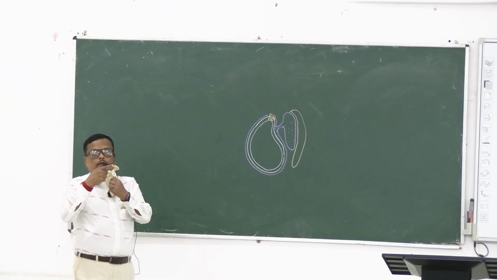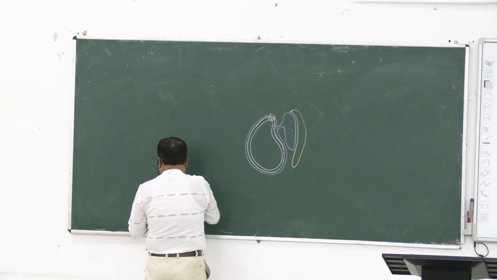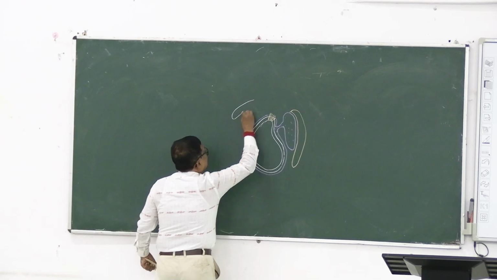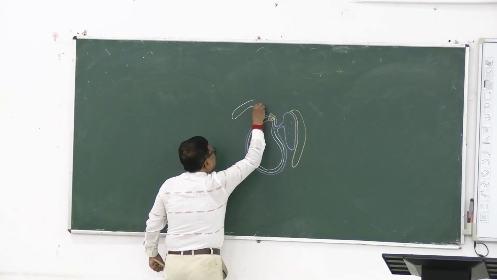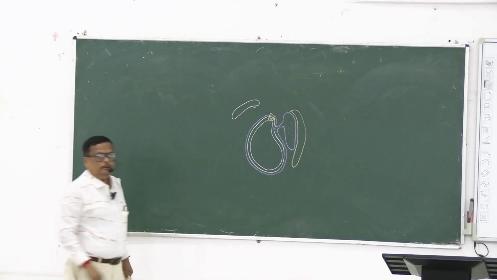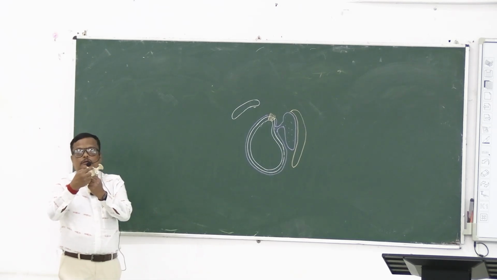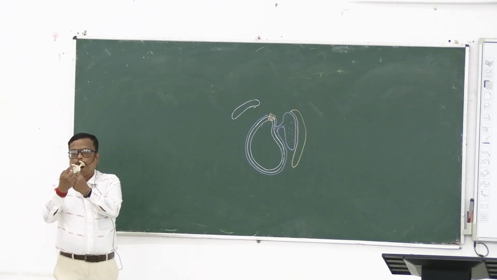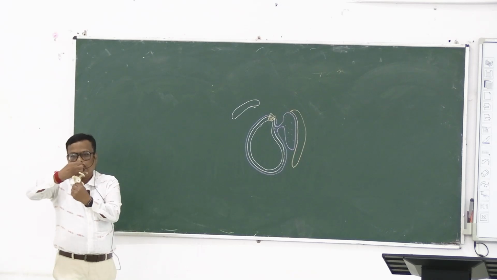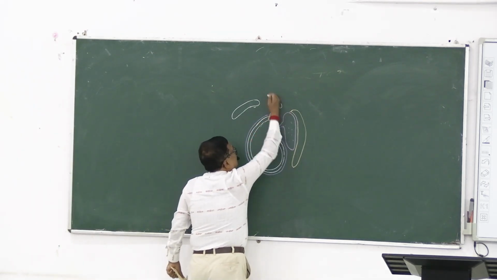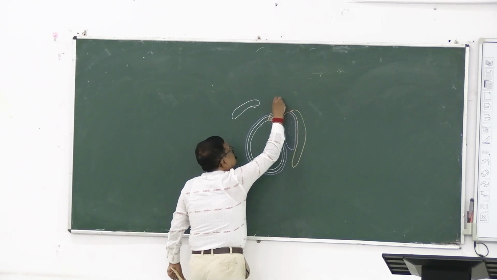Now, this is the cut section of the acromion. This is the spine, the acromion process. So, I draw the acromion process here. Right? And just above there is a coracoid process, the tip of the coracoid process, cut section. So, we write the tip of the coracoid process.